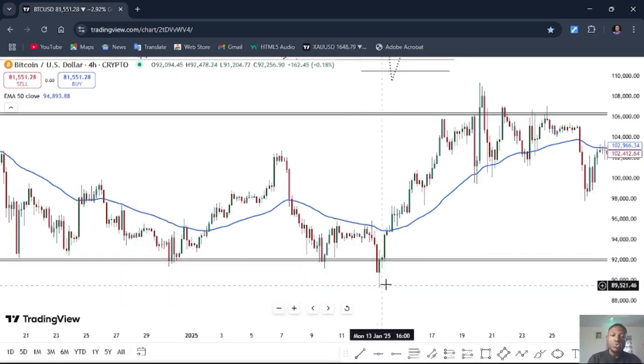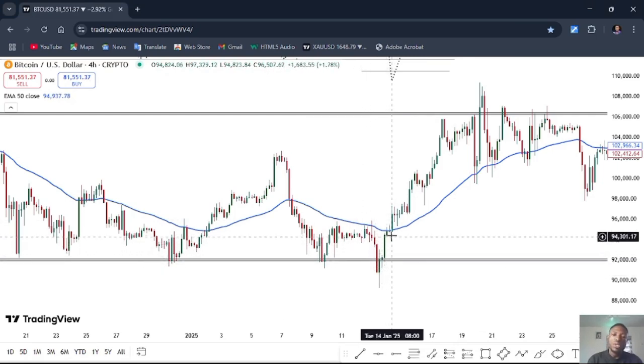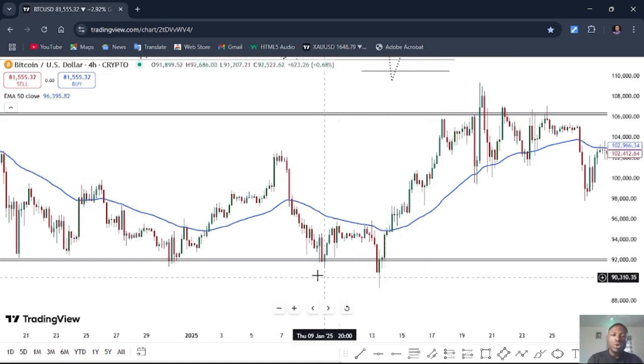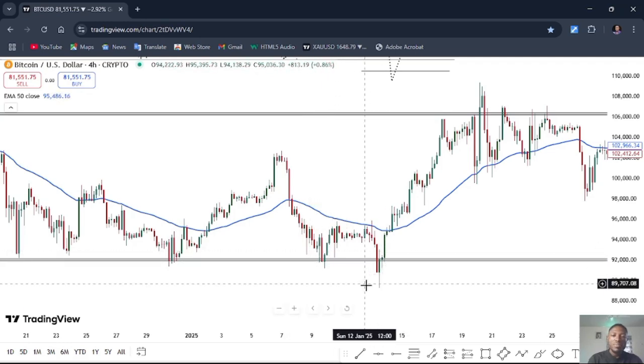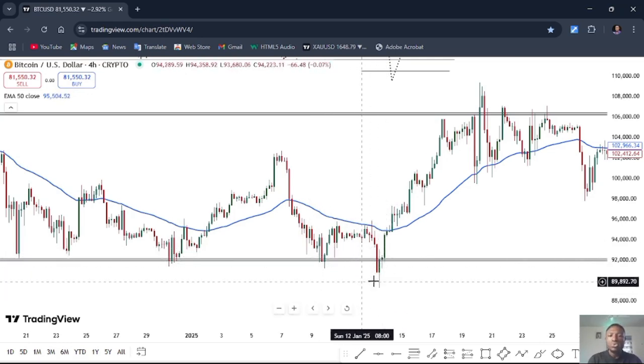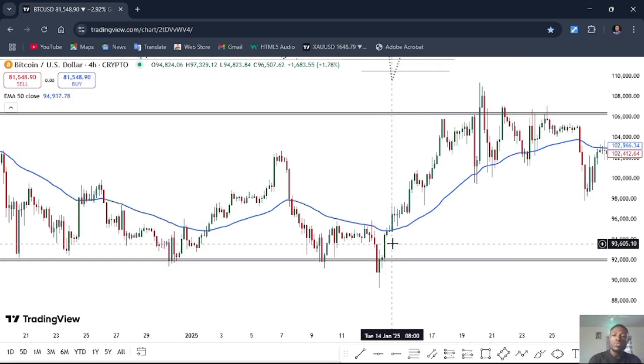And as I've told you, how to avoid this is: one, wait for a confirmation candle to signal you that price wants to reverse to the upside. Two, don't place tight stop losses. Three, be mindful of fake outs. Four, if possible, stay away from news trading because it won't help you in the long run.